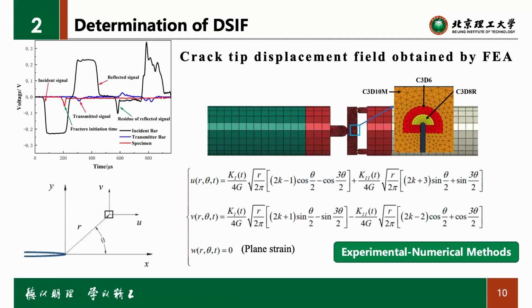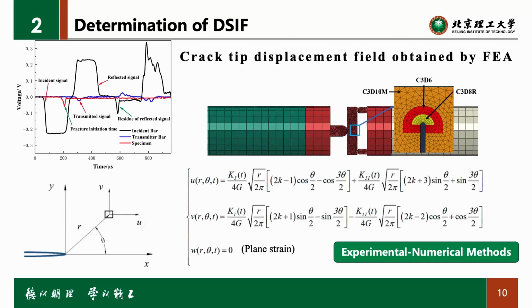The key of this method is the experimental numerical method, so I will introduce it. Firstly, this is the original waveform. We use the incident stress as the input quantity applied to the end of the incident bar, and in the simulation we use an elastic model to capture the mechanical behavior of the bar and the specimen.